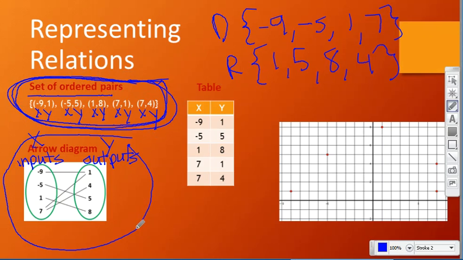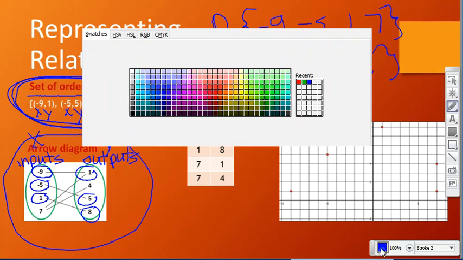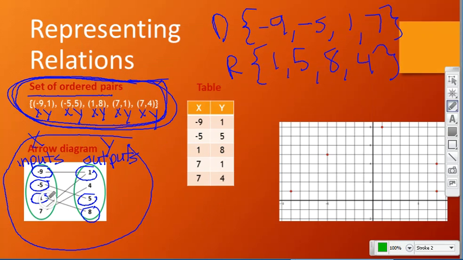It's just represented differently. We can see that -9 is paired with 1. We can see that -5 is paired with 5. We can see that 1 is paired with 8. And we can see that 7, I'm going to circle that with a different color because this is something we're going to talk about a little bit later, is paired with both 1 and 4.